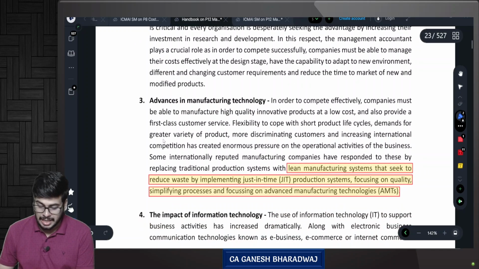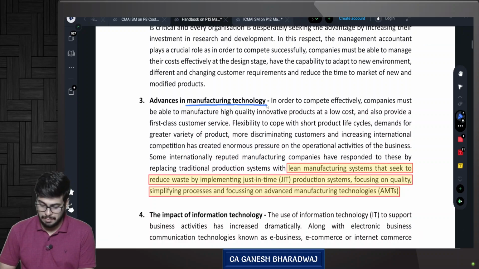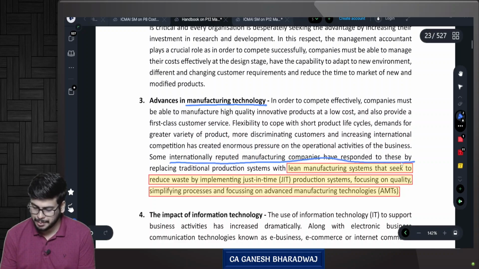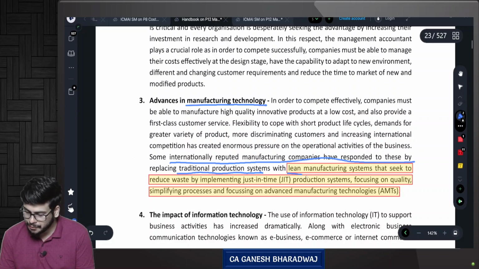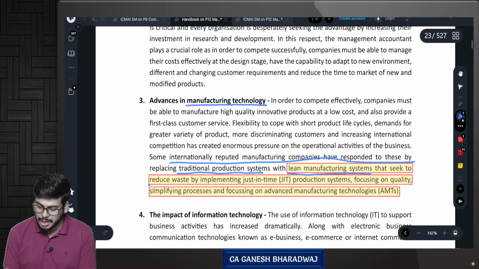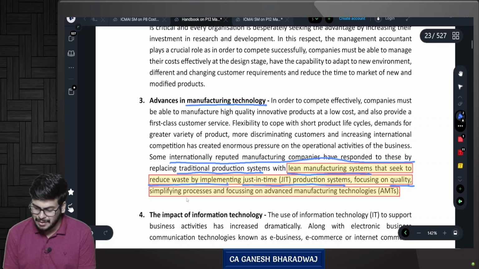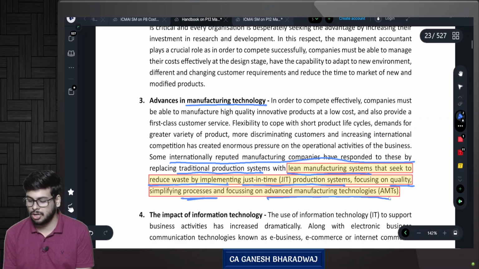That's why changing product life cycle should be one of the factors that a management accountant needs to be very aware about. Then advances in manufacturing technology. You should be aware of the latest advances in manufacturing technologies. Some internationally reputed manufacturing companies have responded to these by replacing the traditional production systems with lean manufacturing systems that seek to reduce waste by implementing just-in-time production systems, focusing on quality, simplifying the processes, and focusing on advanced manufacturing technologies, AMTs.